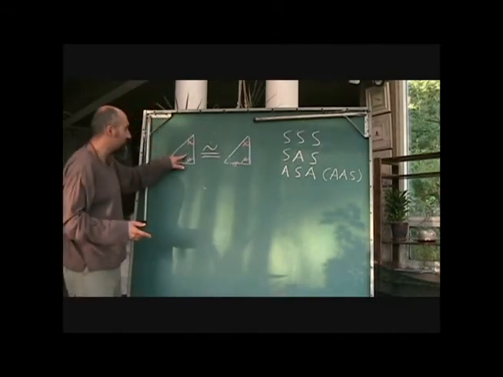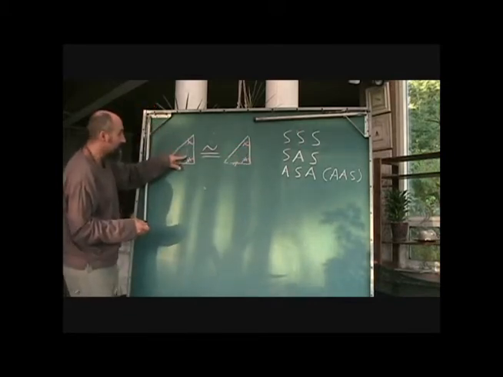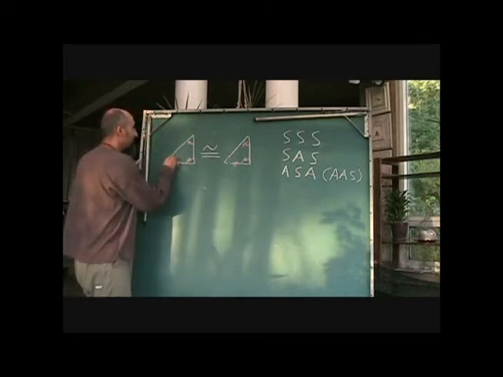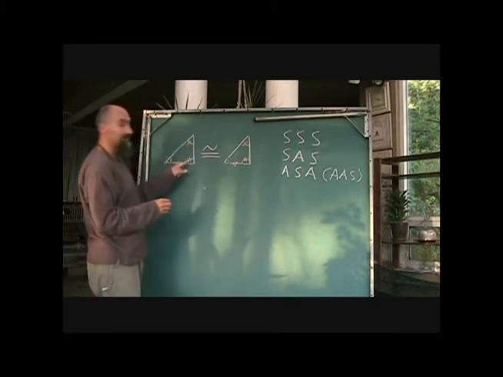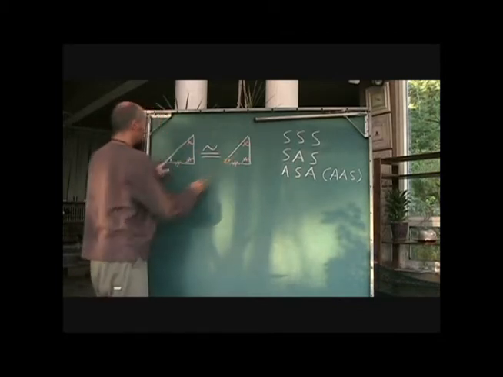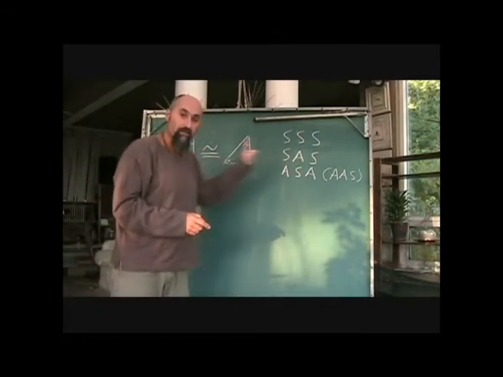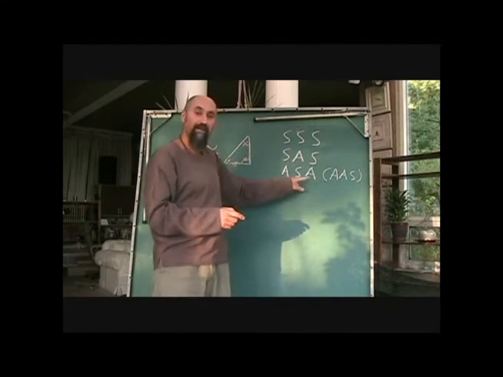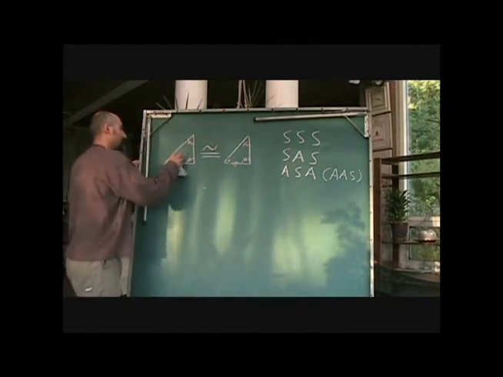So if you know these two angles, then you know this angle. So you would know what this angle is, and because these two are the same as this, then you know that this is identical to this. Now you have angle, side, angle, angle, side, angle. So that's why angle, angle, side is the same thing as angle, side, angle, okay? Now let's deal with some of the other guys.